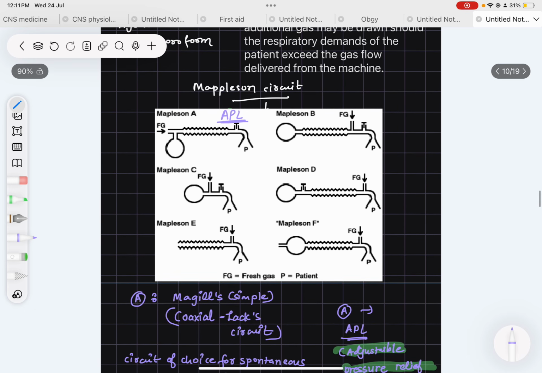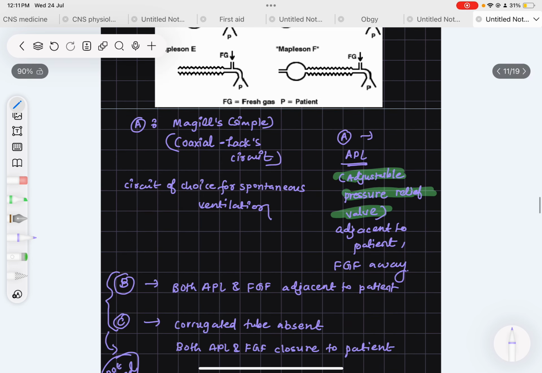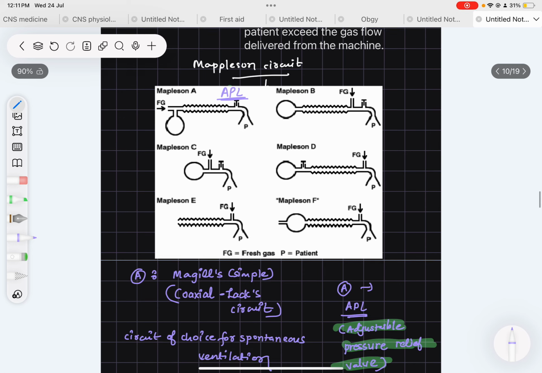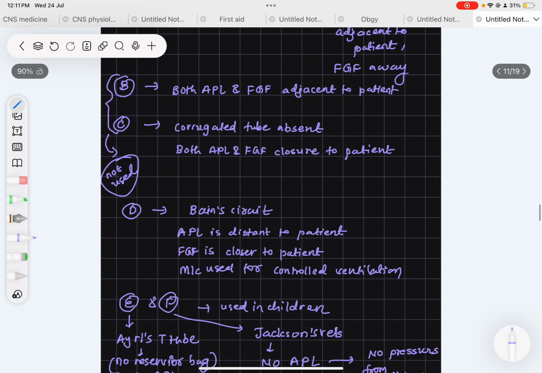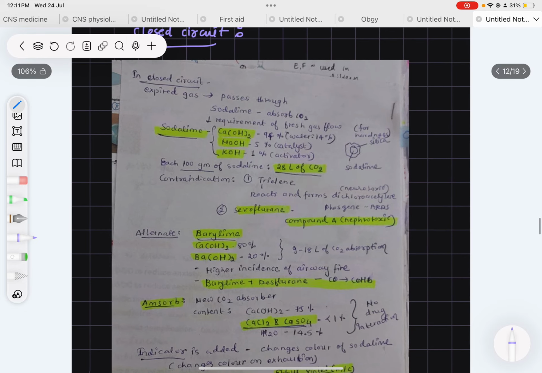Okay, and A is the Magill circuit and D is the Bain circuit. If A is coaxial, it is known as the Lack circuit. A is the circuit of choice for spontaneous ventilation, while Bain's is the circuit of choice for controlled ventilation.